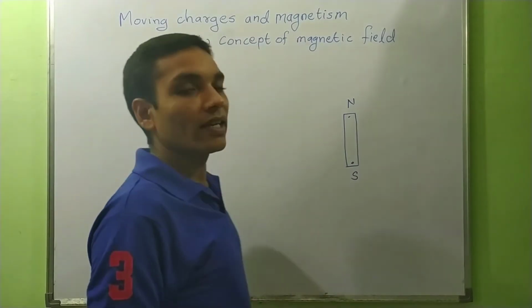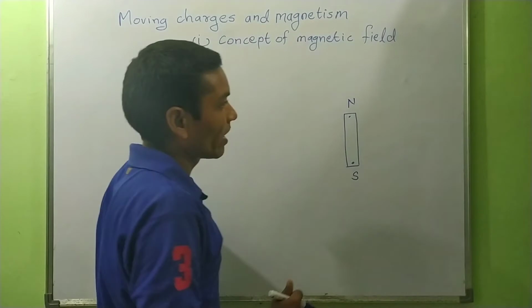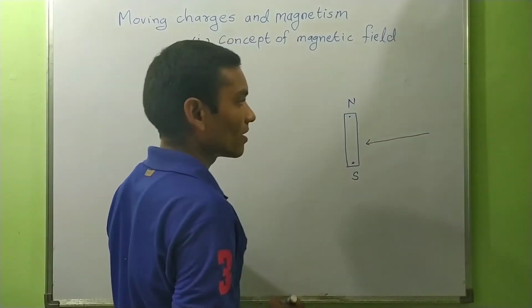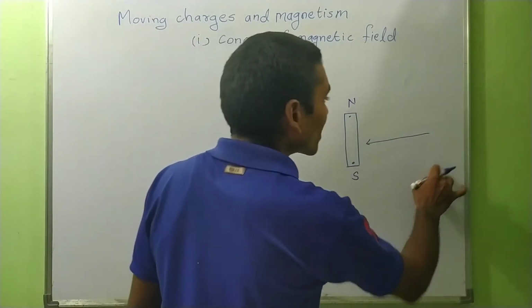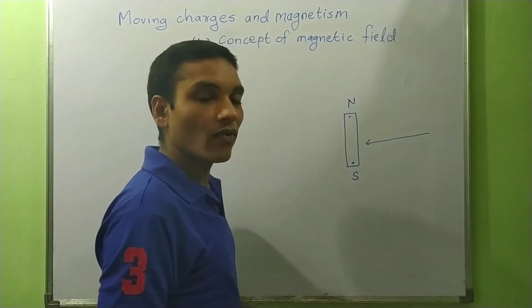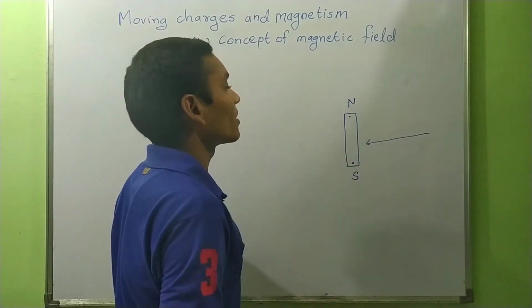If some magnetic substances or magnetic materials are brought near the magnet, then these magnetic materials feel some attraction force towards the magnet.